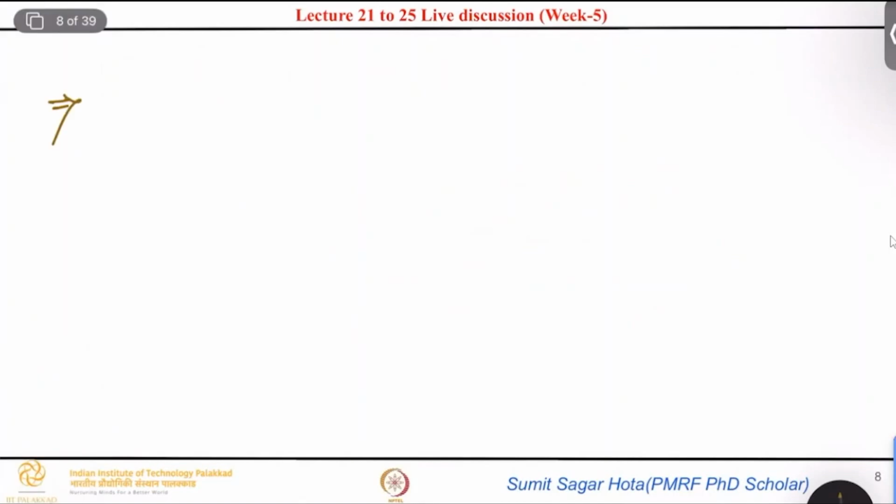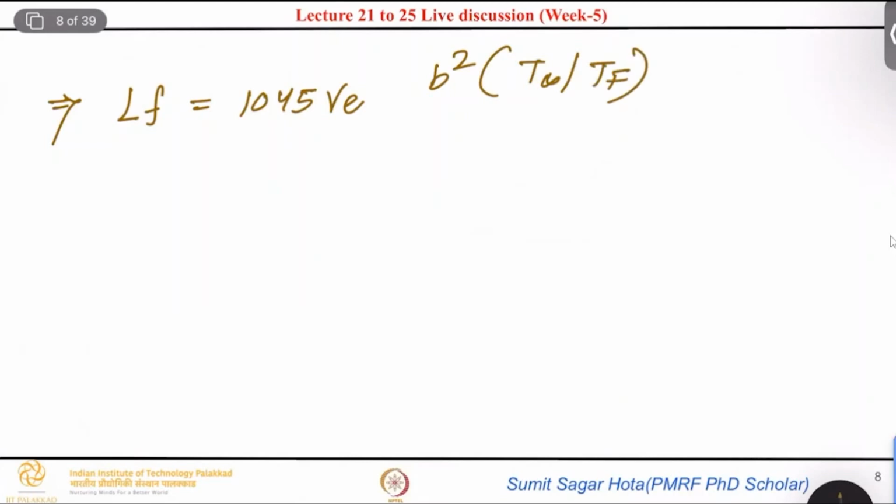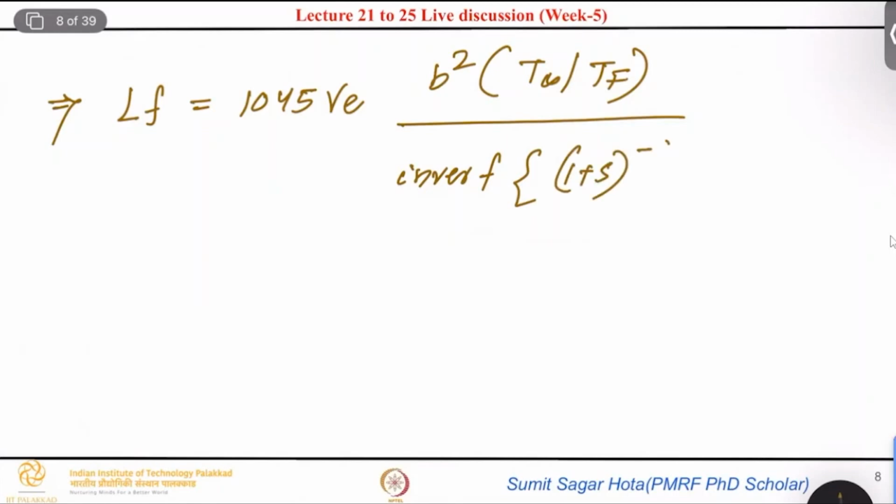Now the laminar flame length reduces to LF is equal to 1045 VE B square T infinity by TF, divided by inverse error function of 1 plus S to the power minus 0.5, then whole square.